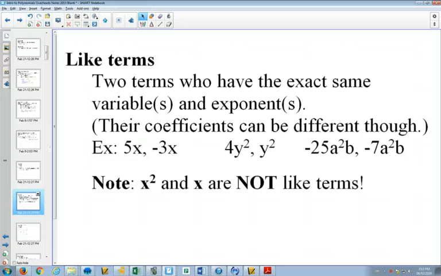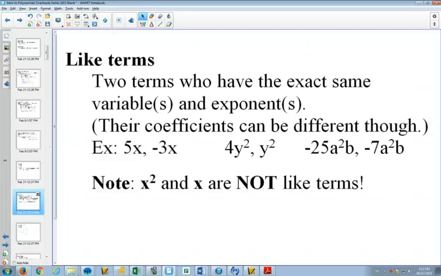All right, the last definition: like terms. The first main idea of algebra is centered around things that are called like terms. Two terms that have the exact same variables with the exact same exponents are called like terms.